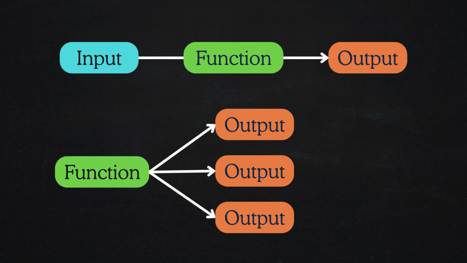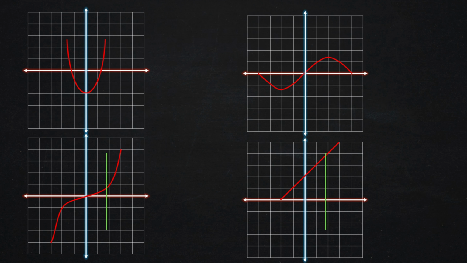Recall that functions must produce only one output for each input. The vertical line test helps us verify this graphically. Here's how it works. Imagine drawing a vertical line through the graph at any x value. Observe how many times it crosses the graph at any given position.